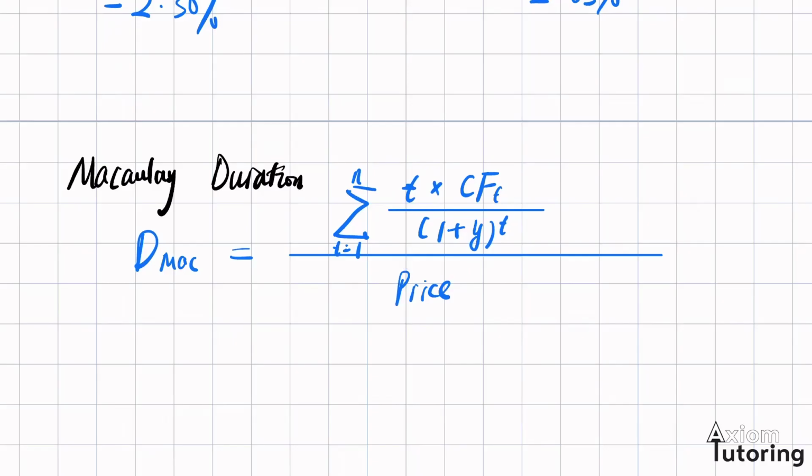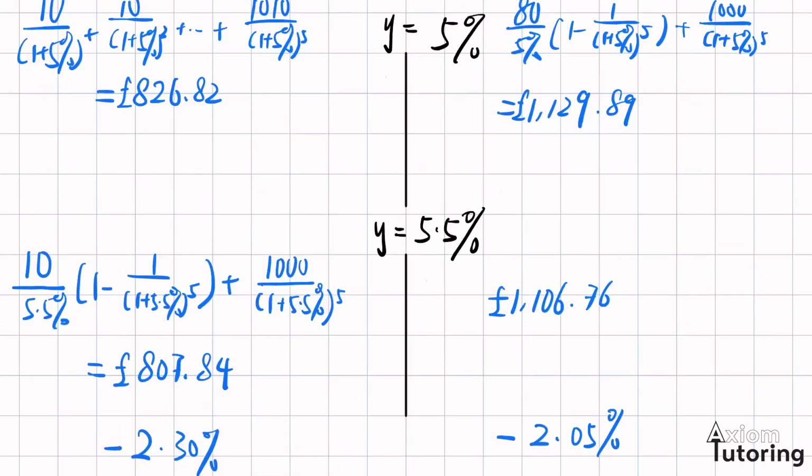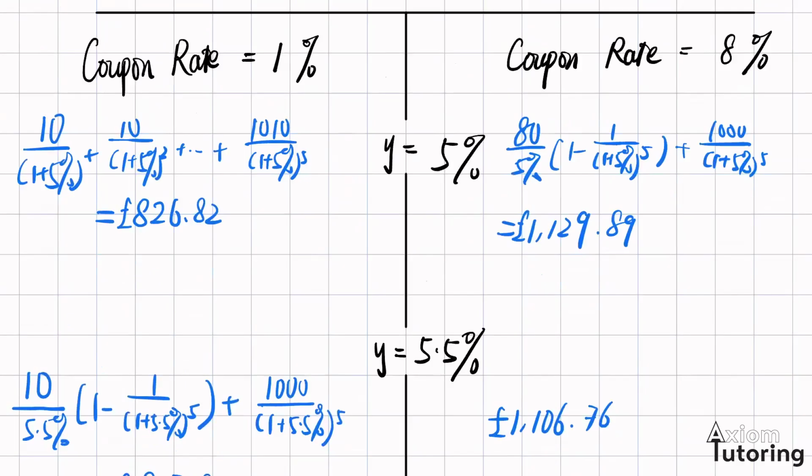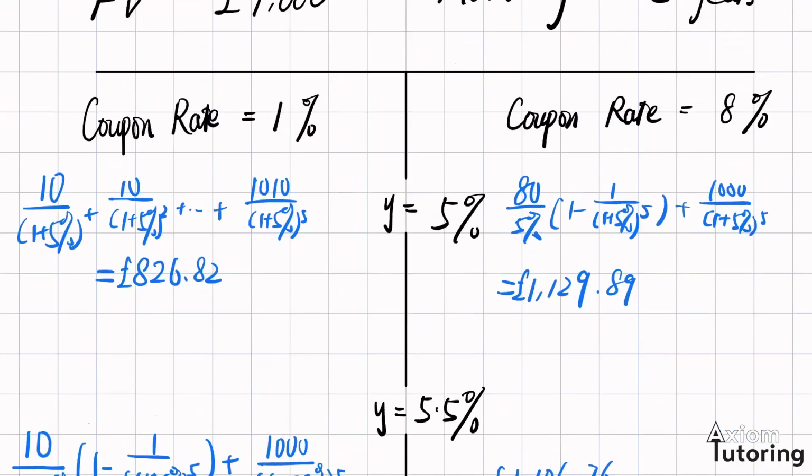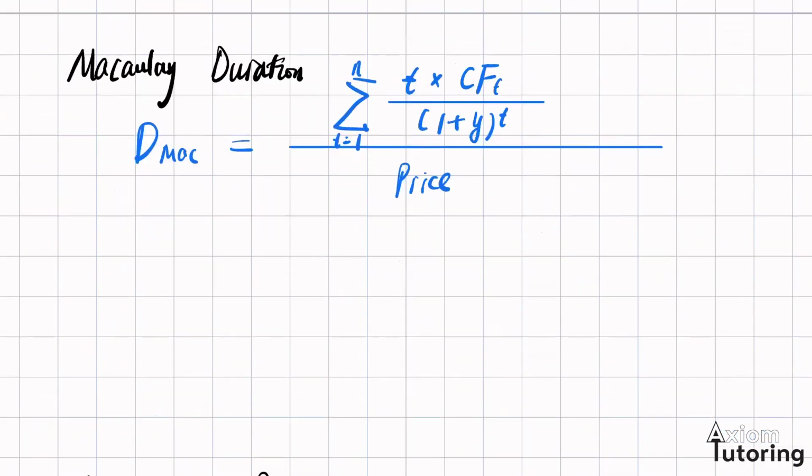So let's use the Macaulay duration on these two bonds with different coupon rates. Let's just plug in the numbers. We'll illustrate using the first one. The D Macaulay for the first bond is going to be 10 times 1 over 1 plus 5%. We're using the original yield here, not the new yield.